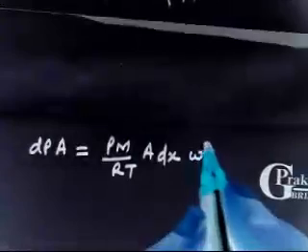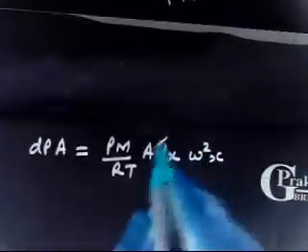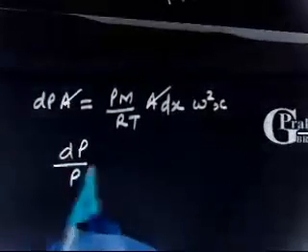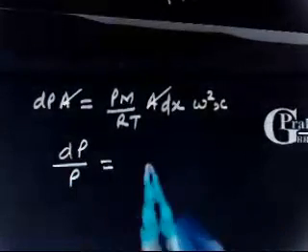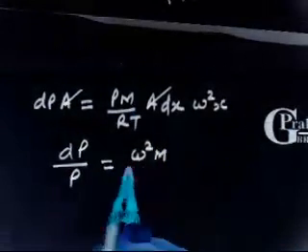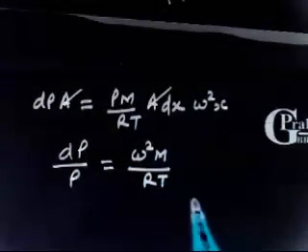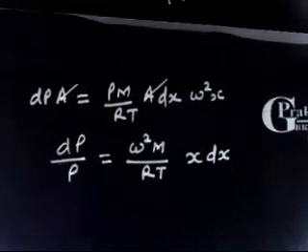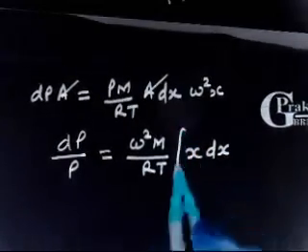Now things are very easy. A goes out, so I will have dP by P equals omega square M by RT into x dx. Now I have to integrate this equation.